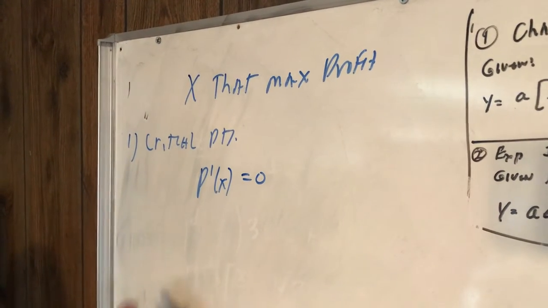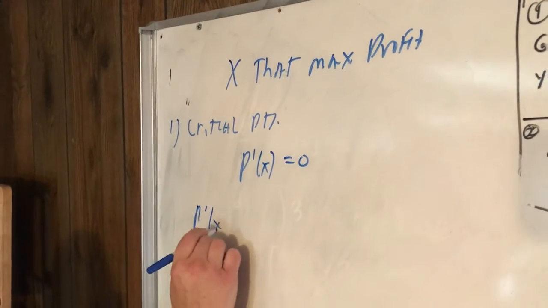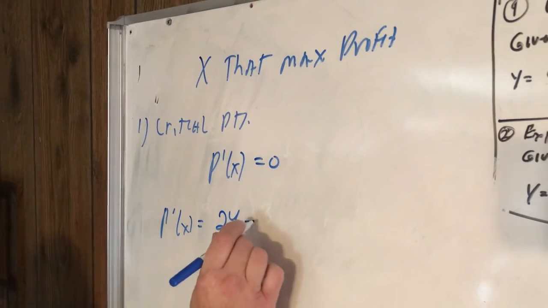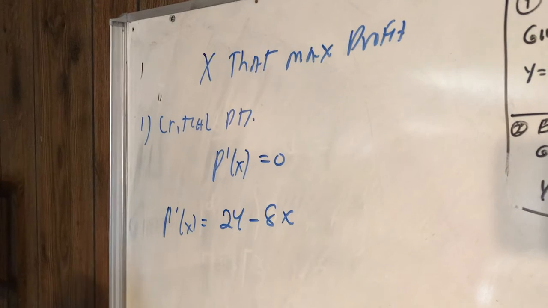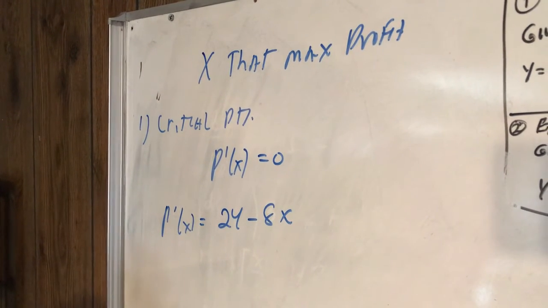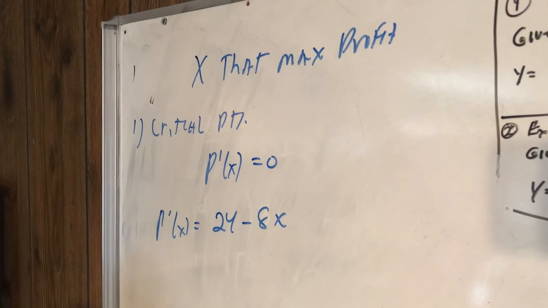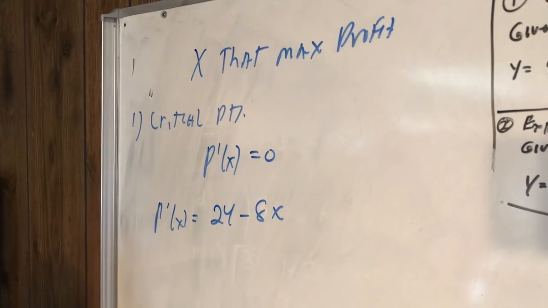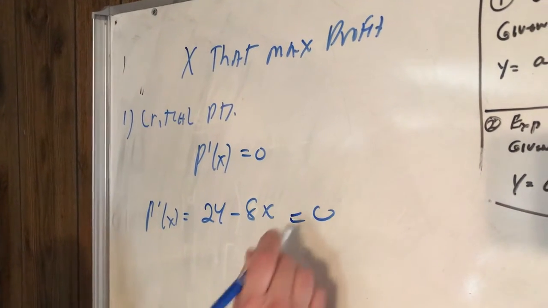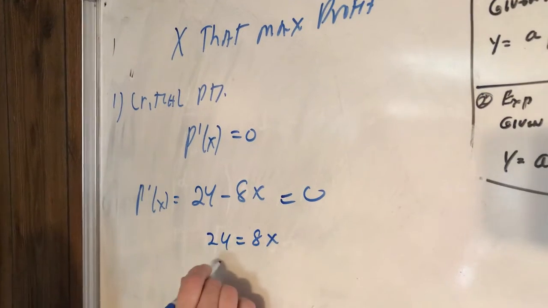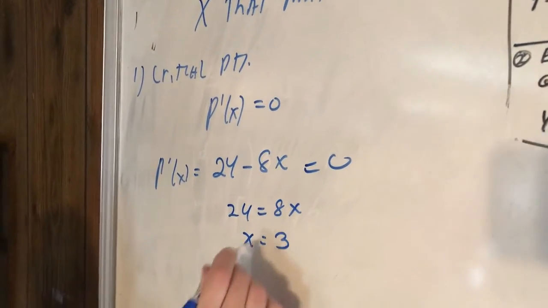The derivative of your profit function is 24 minus 8x. I believe minus, yes, 24 minus 8x. And we're going to set that equal to 0. You get 24 equals 8x, or x equals 3.